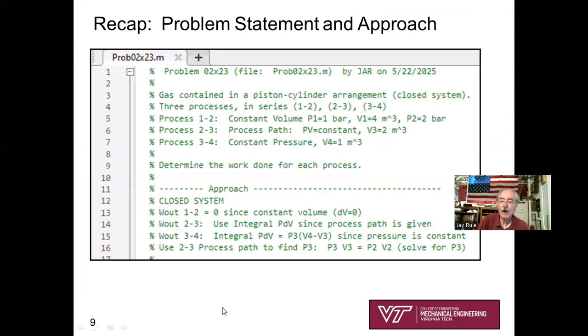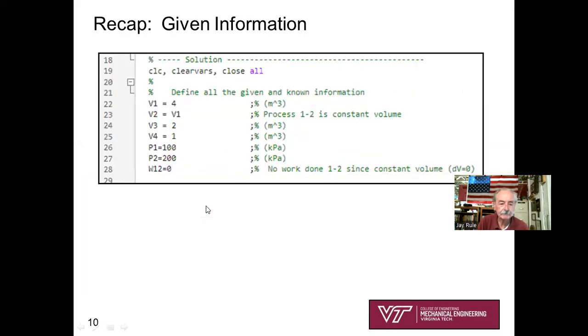Okay, so the first part of my MATLAB block was nothing but comments, starting with the percent signs: the problem statement, and how I would approach the problem. The next part was, after clearing, I defined all my given information in one block.